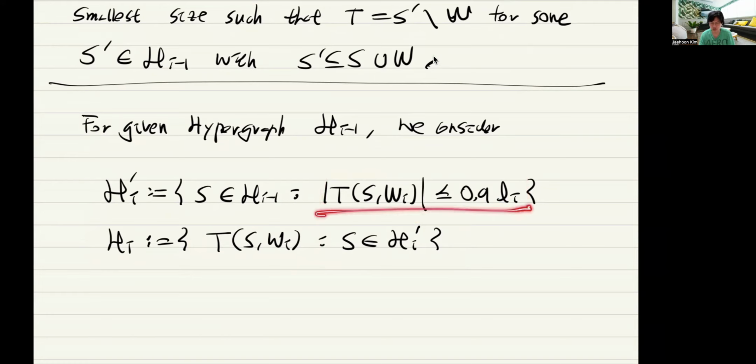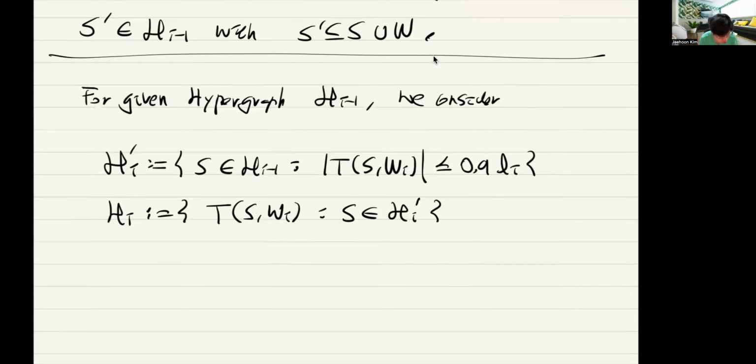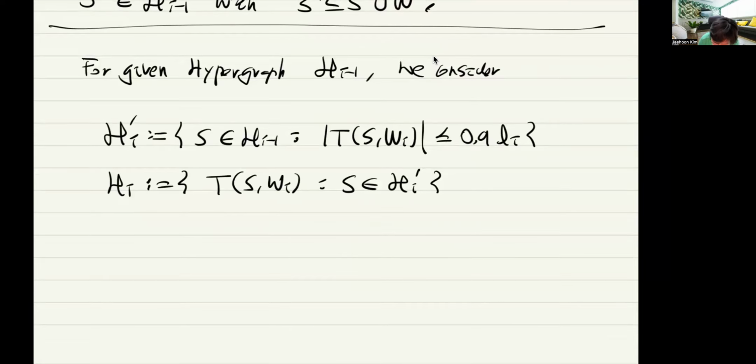If this substantially shrinks, then you put it here and pass it to the next graph. Otherwise, if this minimum fragment does not substantially shrink, you will not pass it, and we will actually find the cover for it.